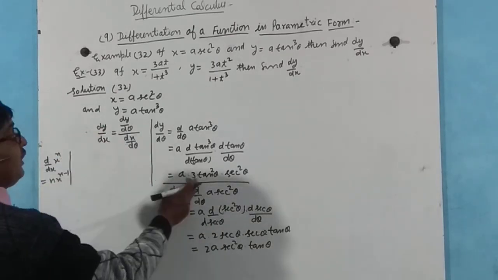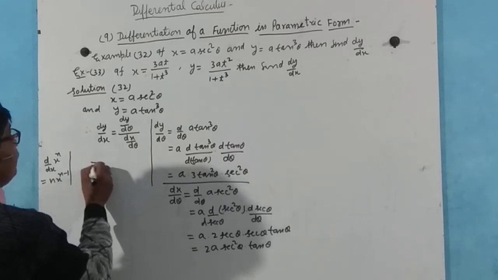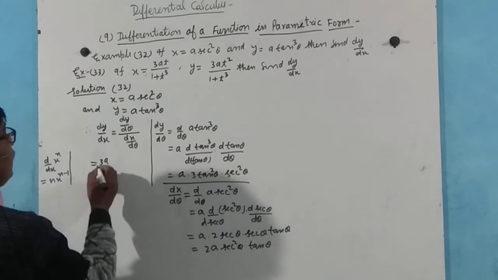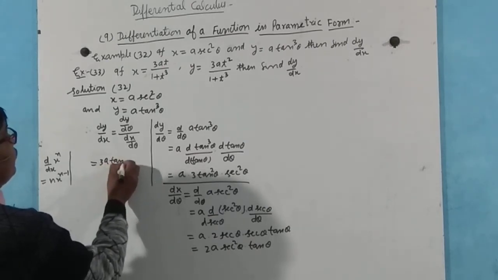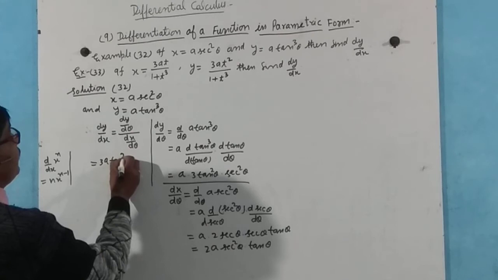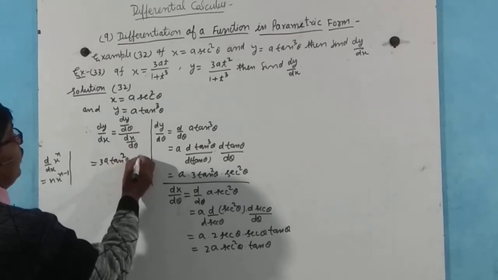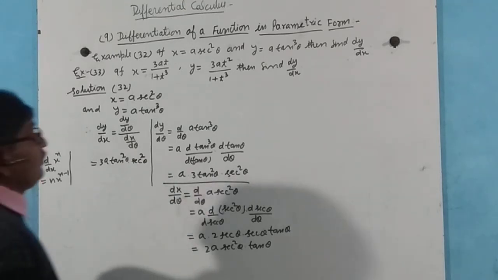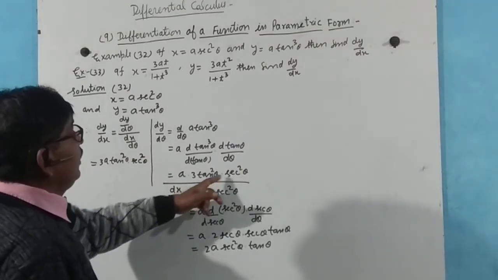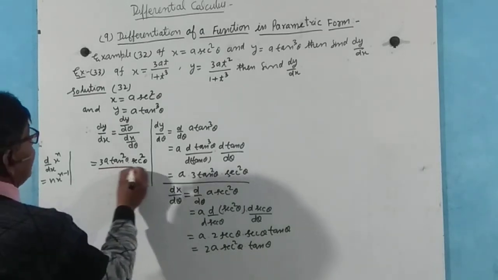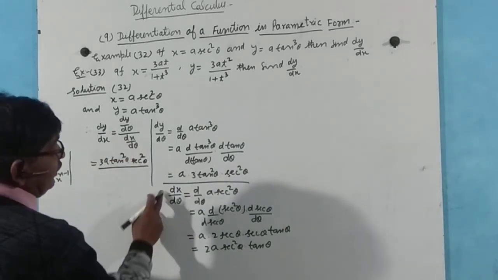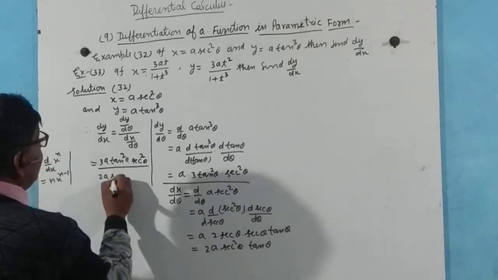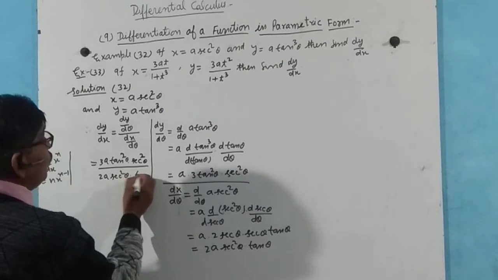Now we have to calculate dy by dx, which equals dy by d theta divided by dx by d theta. That is 3a tan square theta into sec square theta, divided by 2a sec square theta into tan theta.